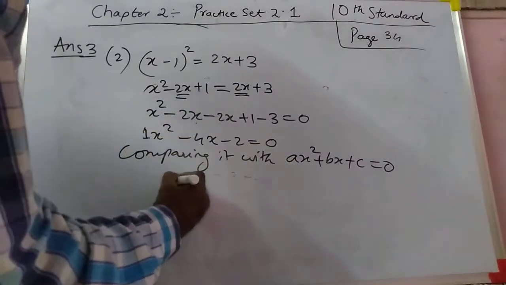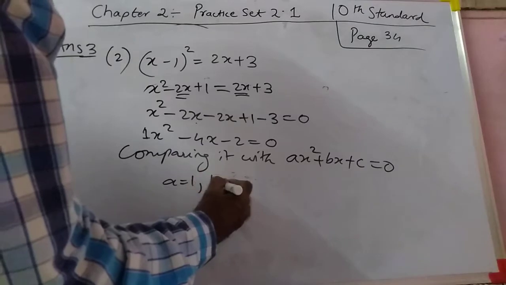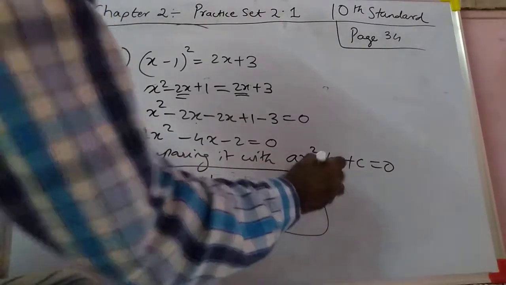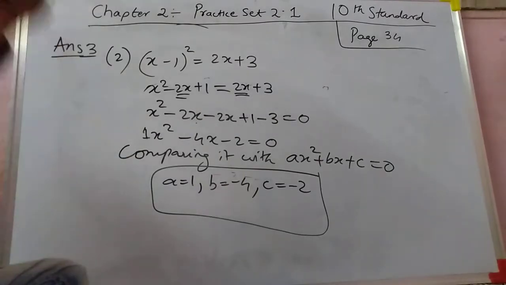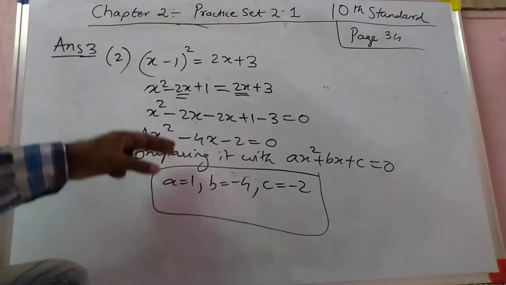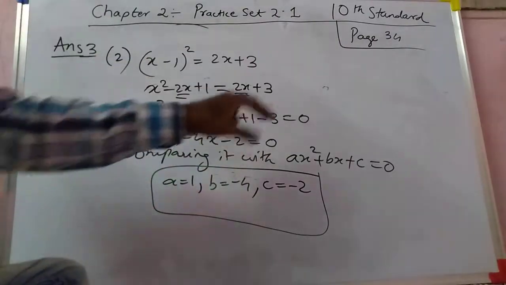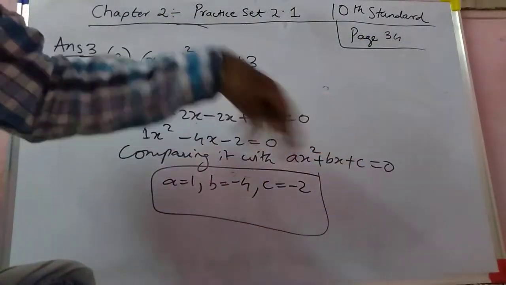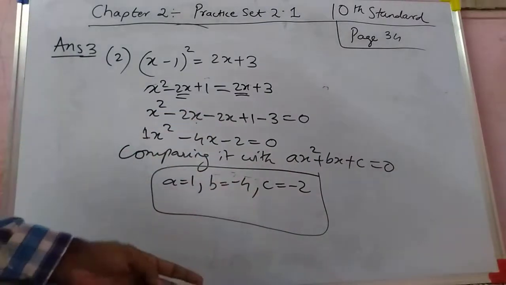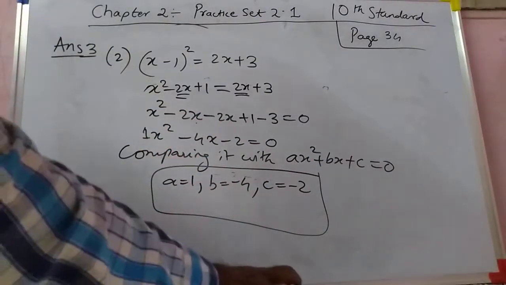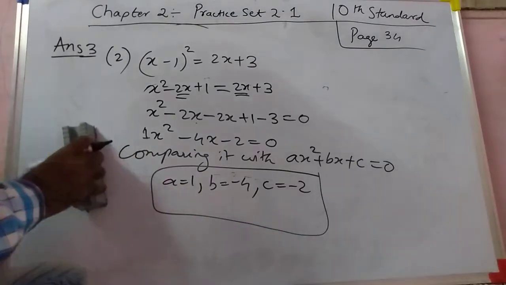A is equal to 1, b is equal to minus 4, c is equal to minus 2. Okay, so in exam write all this step. ऐसे step लिखना, जो ज़्यादा expansion का है वो तुम rough work में कर सकते हो, ठीक है. So it should be like step by step, don't omit any step.